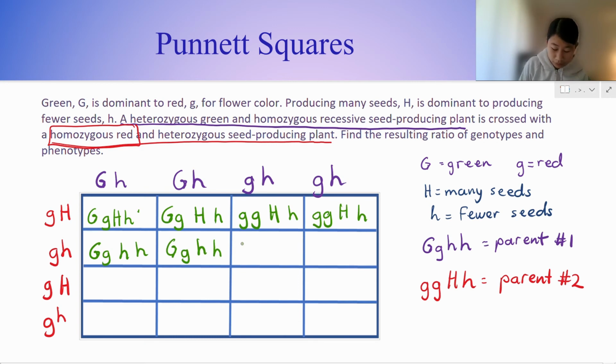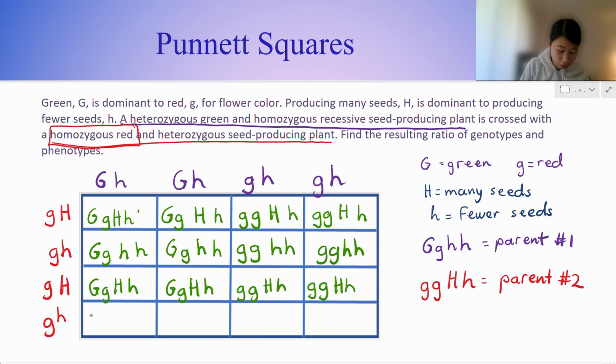So for this one, again we have the vertical part as large G and little h, and then for the horizontal part we have little g and little h. Now the vertical part is little g, we have the h here, and then the horizontal part is another little g and another little h. Now we're back to the vertical part as big G. The other part of this is going to be little h.